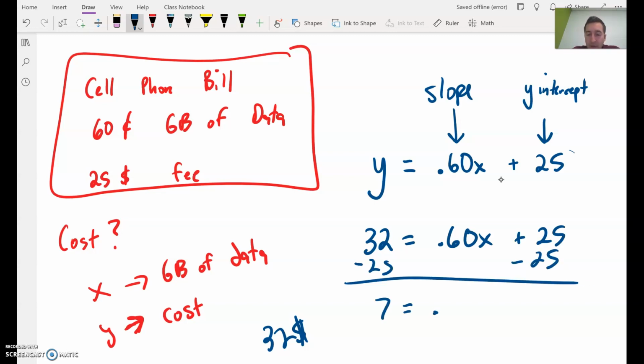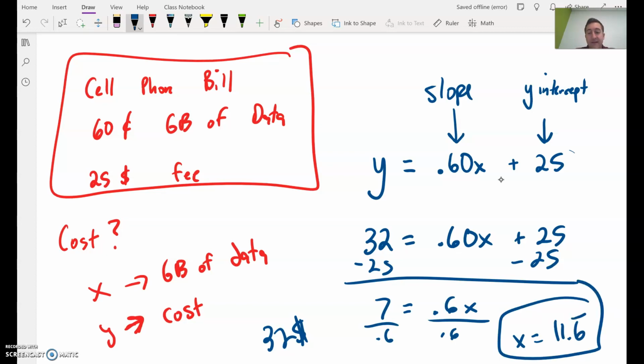That's 7 equals 0.6x. We divide both sides by 0.6. And x, what do we get? Let me just use my phone real quick. 7 divided by 0.6. We used about 11.6 gigs of data. Okay, we can use linear equations to solve real-world problems, and we're going to do that in class today.